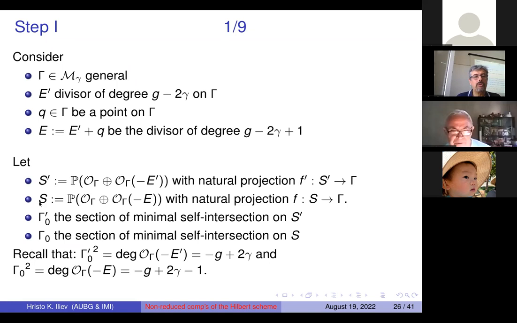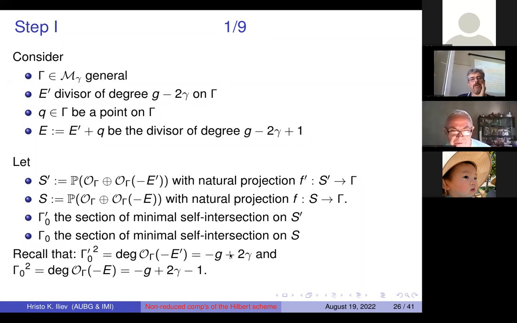And also the ruled surface S, which is the projectivization of O_gamma plus O_gamma twisted by minus E prime minus Q. So I'm looking at those two ruled surfaces, and as we'll see, those ruled surfaces are connected, in fact. What we have on the first ruled surface is a section of minimal self-intersection that I denote like gamma prime. On the second one, I have the section gamma naught. In fact, this is the one that we had in theorem A.